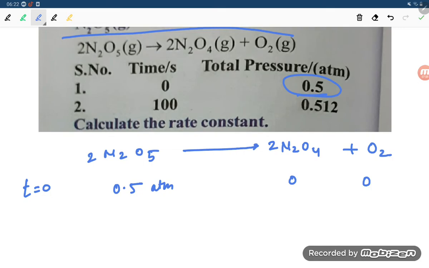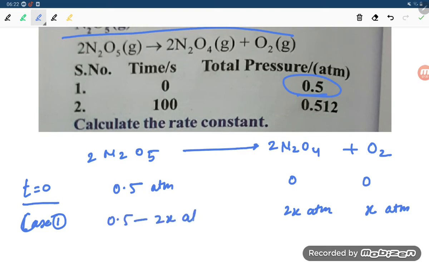So in case first, after some time, the pressures will be x ATM, 2x ATM, and 0.5 minus 2x ATM.